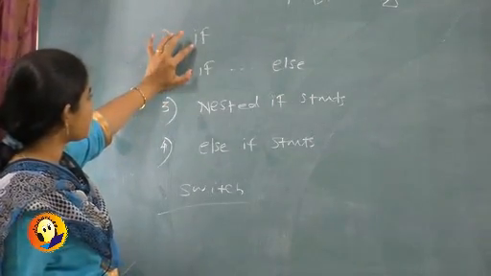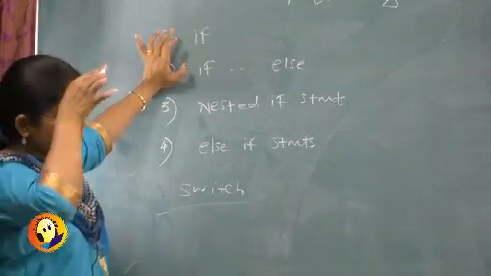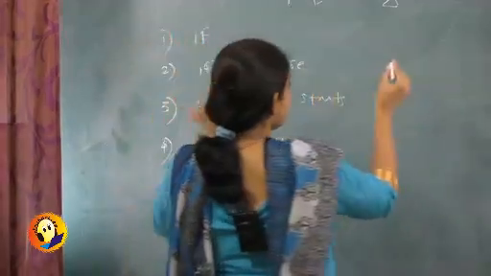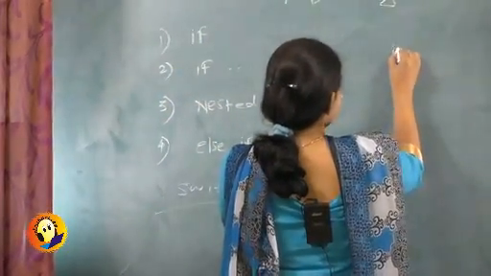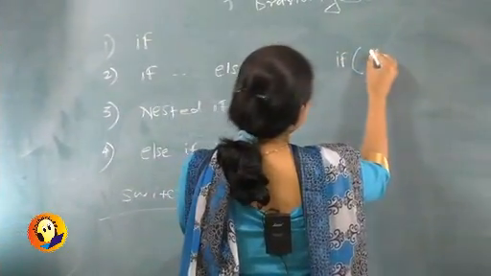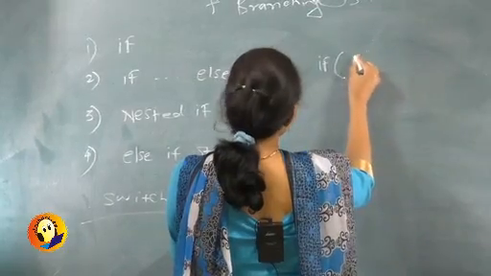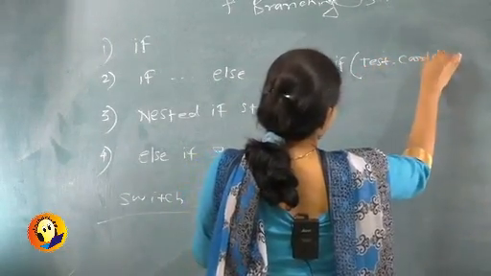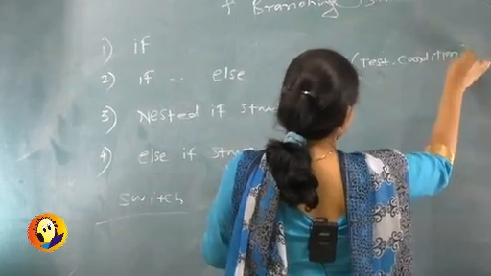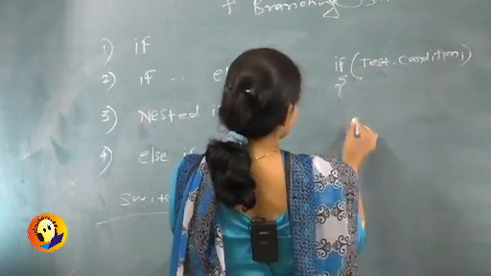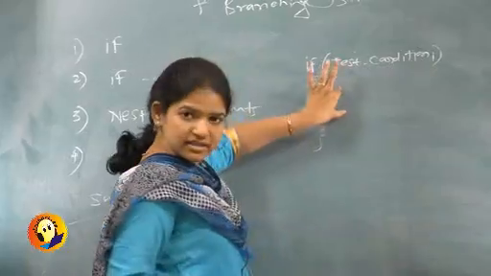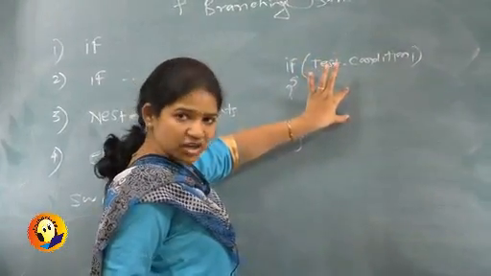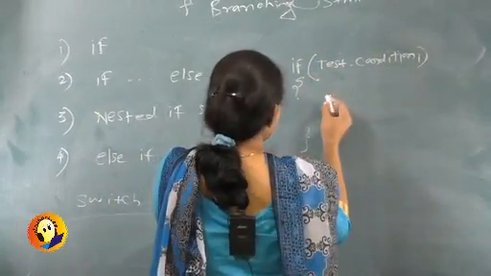So the first if statement is the simple if statement, and what is the syntax for that? In brackets you need to provide a condition, that is, test condition 1. After that you need to write statements, that is, Java executable statements.